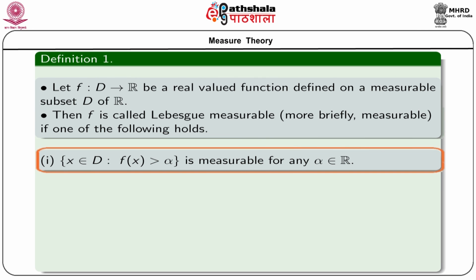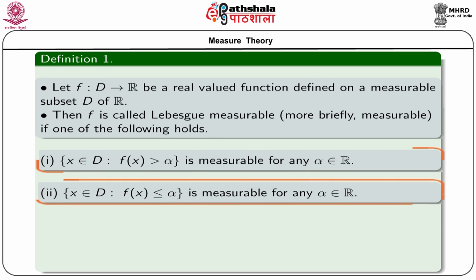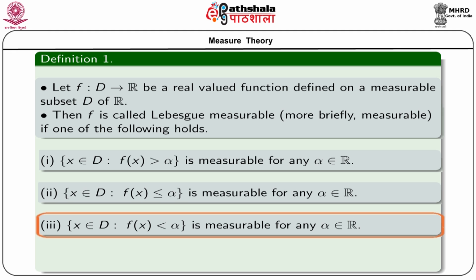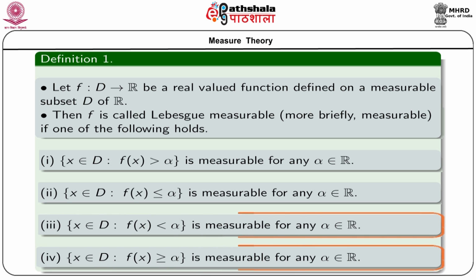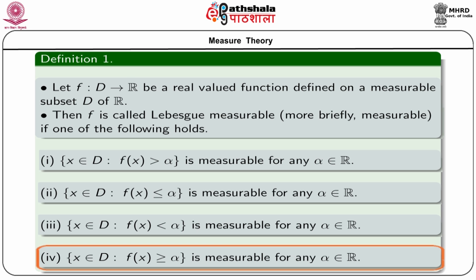For any alpha belonging to R, the set of x belonging to D where f(x) is greater than alpha is measurable, or the collection of all x belonging to D where f(x) is less than or equal to alpha is measurable for any alpha belonging to R, or the collection of all x belonging to D where f(x) is less than alpha is measurable for any alpha belonging to R, or the last condition, the collection of all x belonging to D where f(x) is greater than or equal to alpha is measurable for any alpha belonging to R.